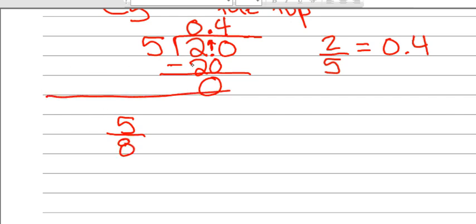So I want to convert 5/8 over to a decimal. So again, I am going to divide the bottom into the top.